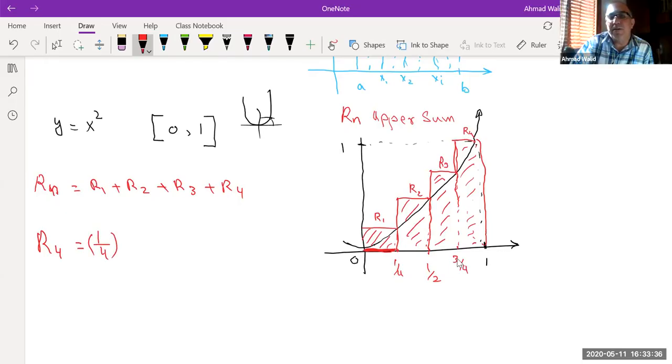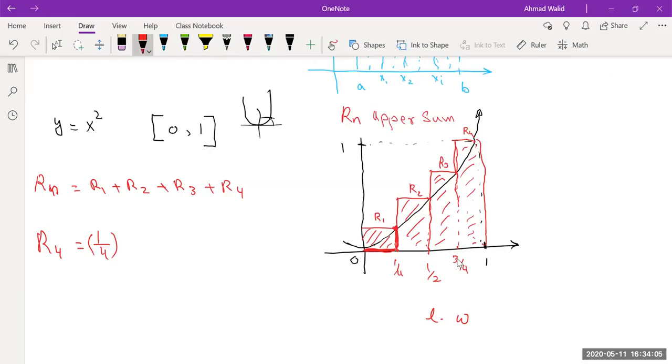And the formula for a rectangle, you know, length times width. How much is this side? How much is this length? Any calculus student in the class? How much is this height? Oh, would it just be 1/4 times 1/4?